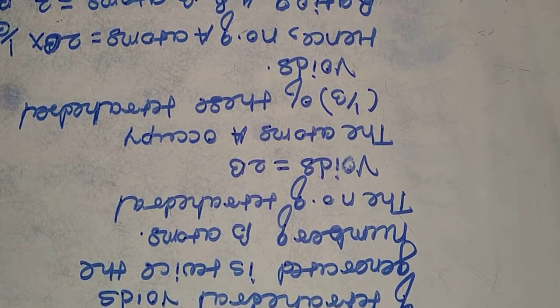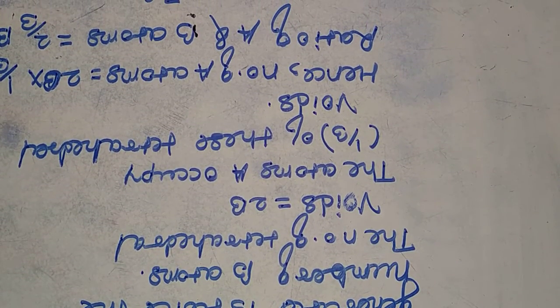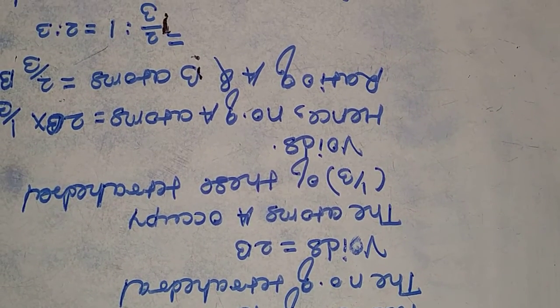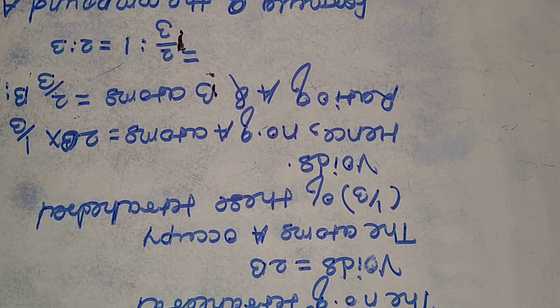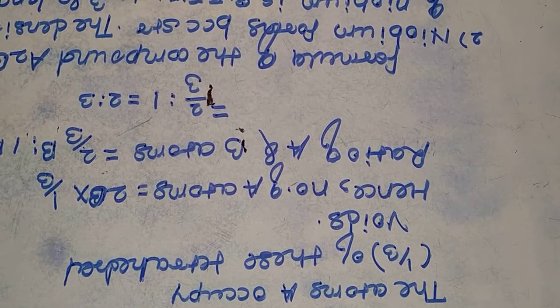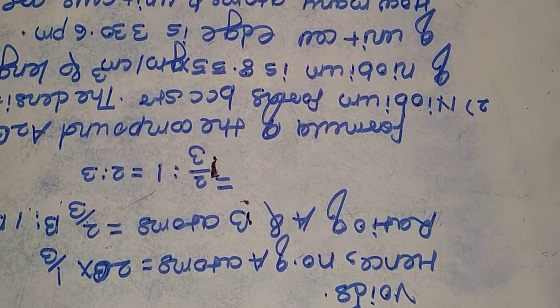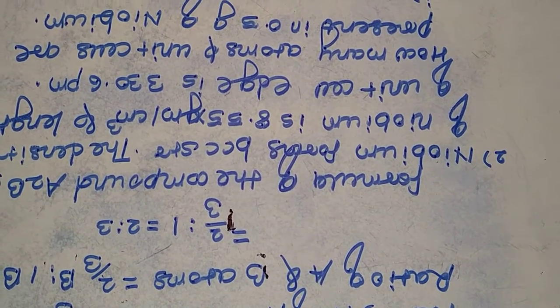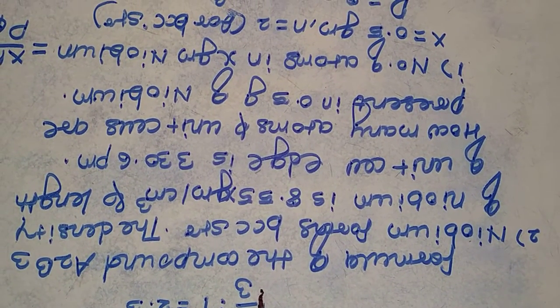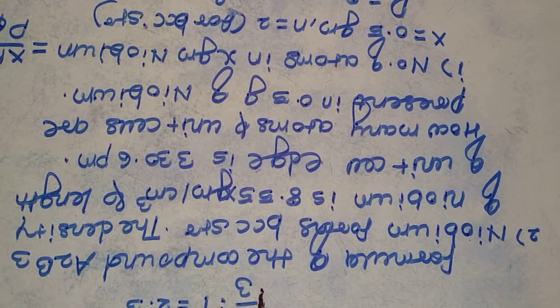Then the atoms of A occupy 1/3 of these voids. Hence the number of A atoms is 2B into 1/3. Ratio of A and B atoms is 2/3B to 1, so 2/3 to 1, that means 2:3. The formula is A2B3.